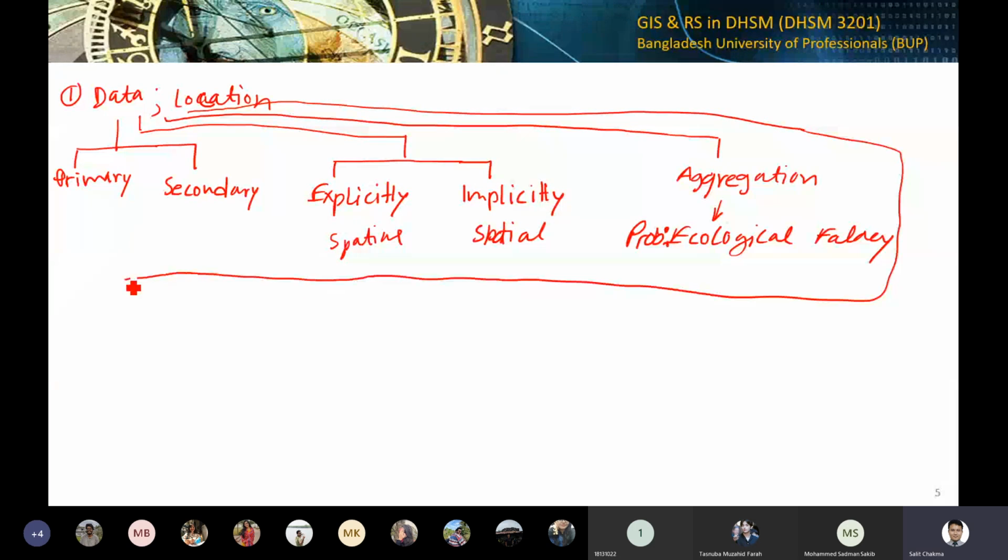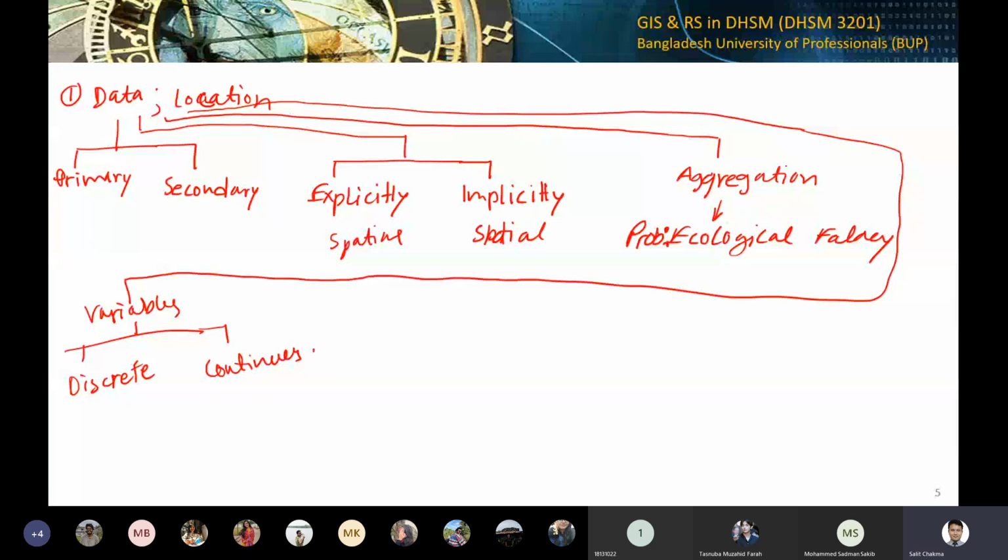Okay, so let's go back here. Variables. Variables can be of two types: discrete and then continuous.